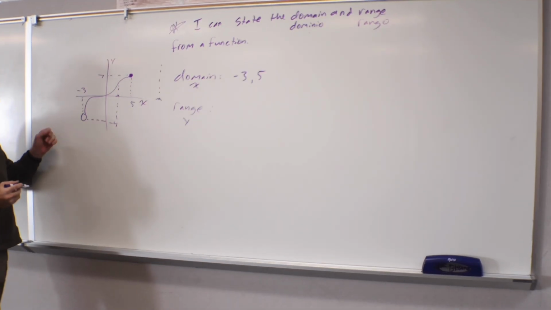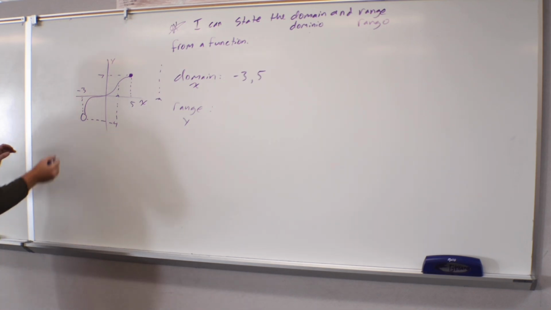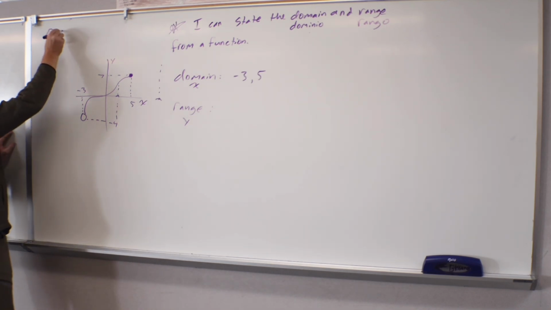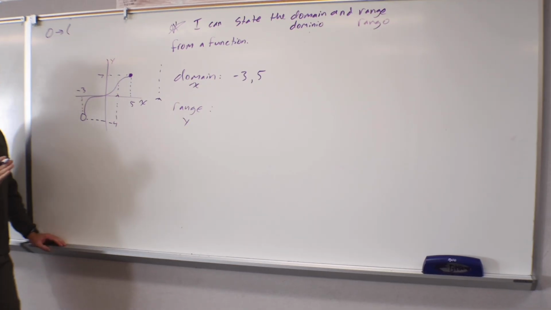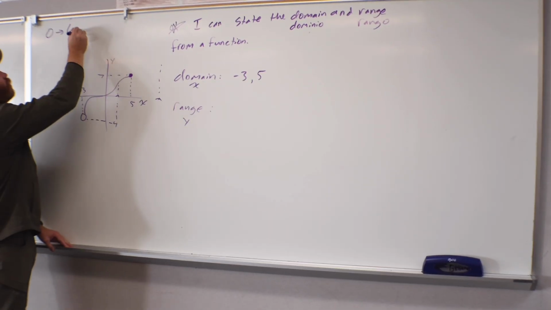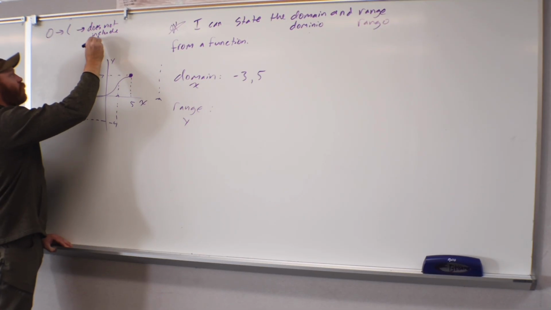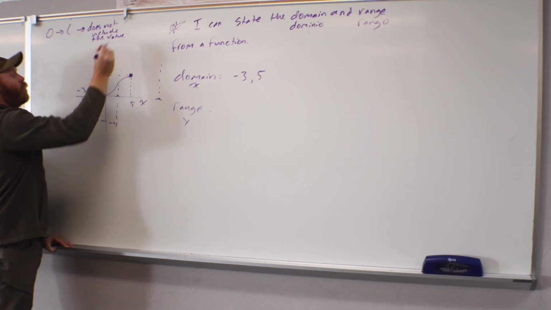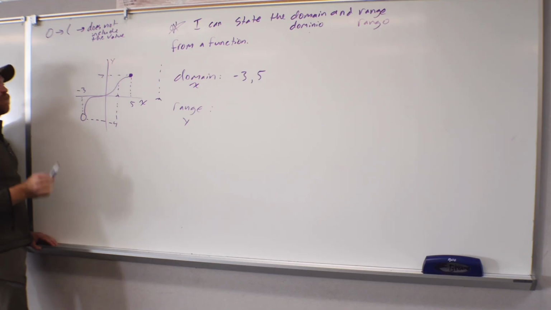Now, a couple things that you need to know. We have this open circle and we have this closed circle. They mean two different things. So our open circle is going to go with our parentheses. The way I tell my students to remember is, if you were to erase half the circle, you would have that parentheses. And this does not include the value. That means we're going to get as close to -3 as we possibly can, but it can never actually be -3.